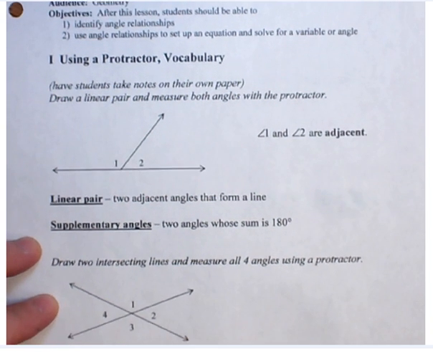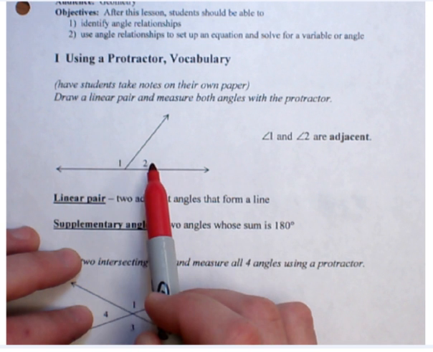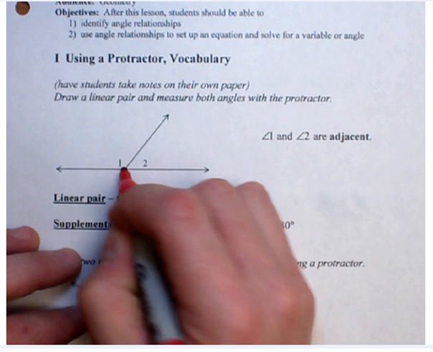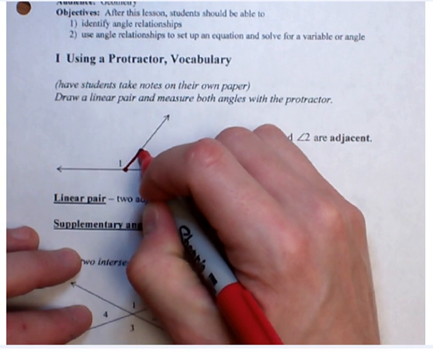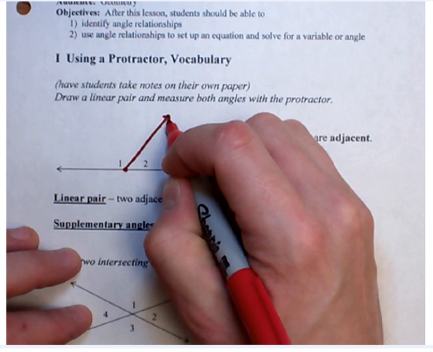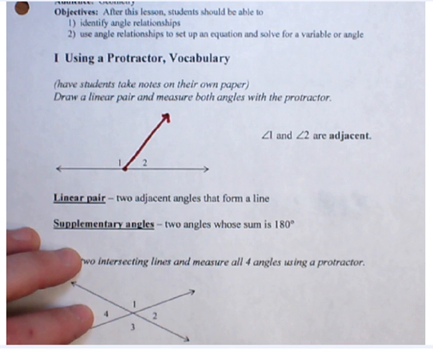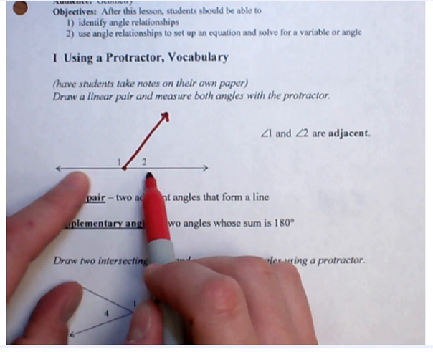You've got this picture. And you've got two angles. You have angle 1, you have angle 2. Notice that both the angles have the same vertex, and they also share this side, this ray. So they both have the same ray, they both have the same vertex. Now what's different about them is that the other rays are going in opposite directions.